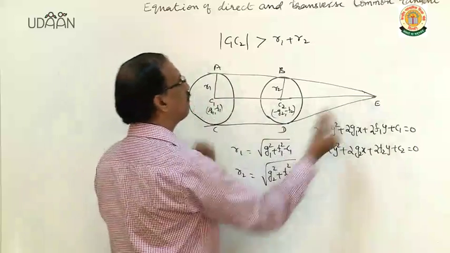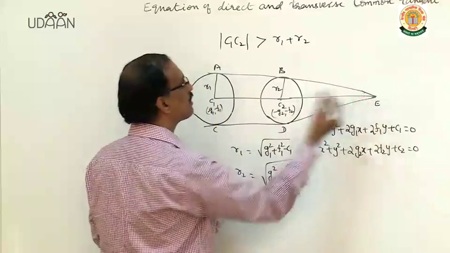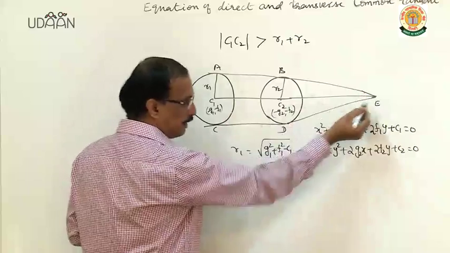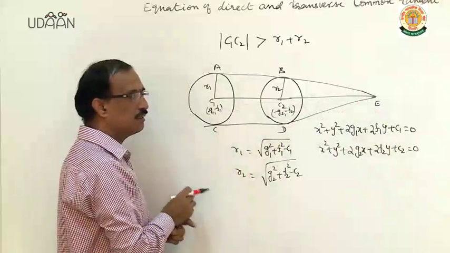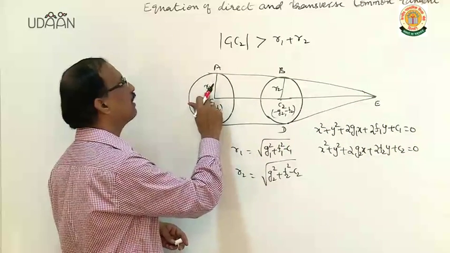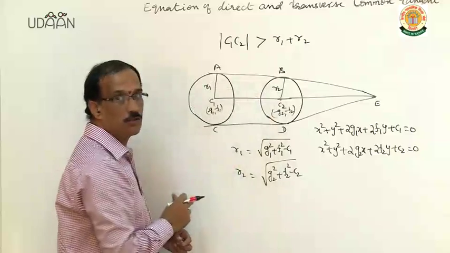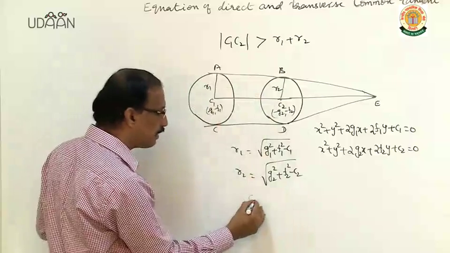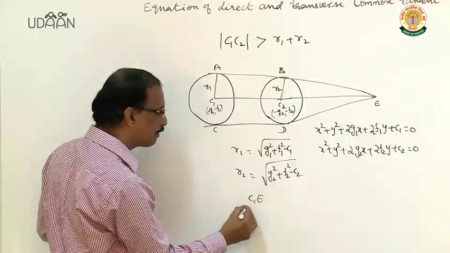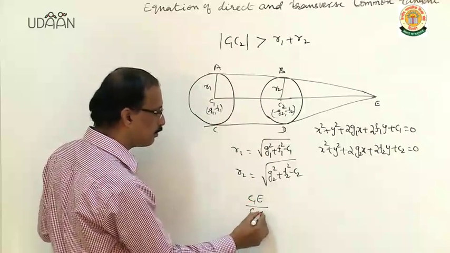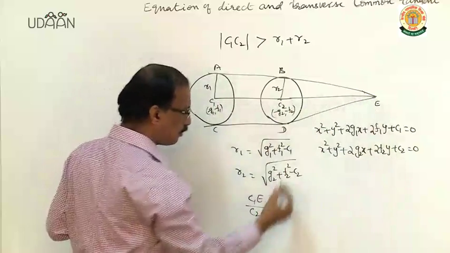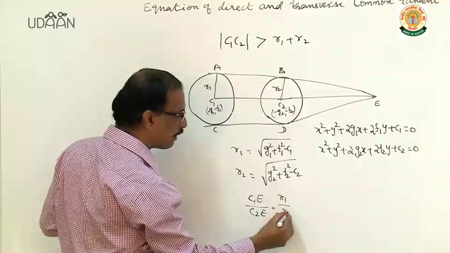Now, we know that this is C1 and C2, if it is joined, this point E is dividing this line segment in the ratio of the radius r1 to r2 externally. So, we get that C1E by C2E is R1 by R2.